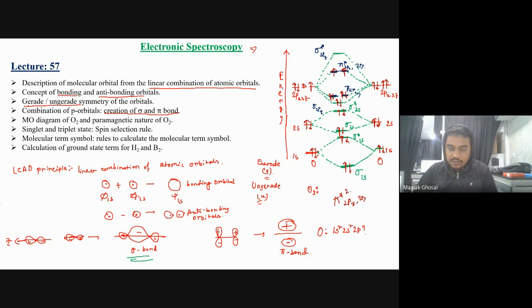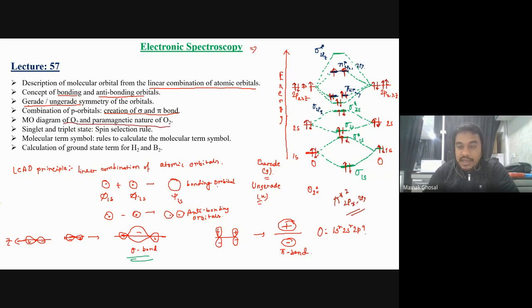This will contain two electrons, one each. Okay, so this will be responsible solely for the paramagnetic nature of oxygen, because a paramagnetic compound is proved by the presence of unpaired electrons. Oxygen has unpaired electrons, so oxygen is paramagnetic in nature.